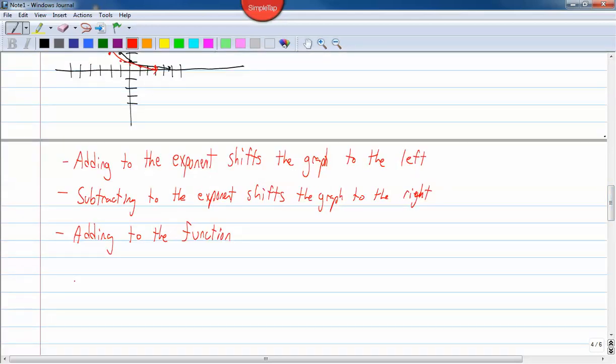So for example, if I have f of x equals 3 to the x and then plus 1 right here, when you add to the function itself, that's going to shift the graph up that many units. So adding to the function shifts the graph up.